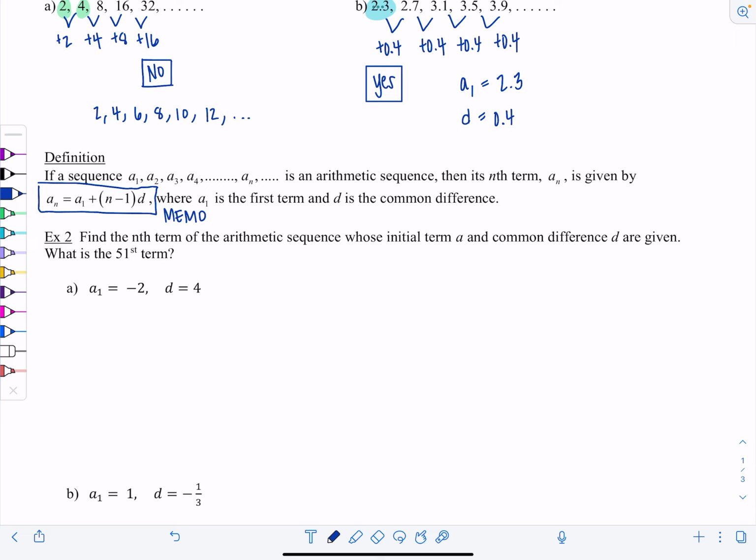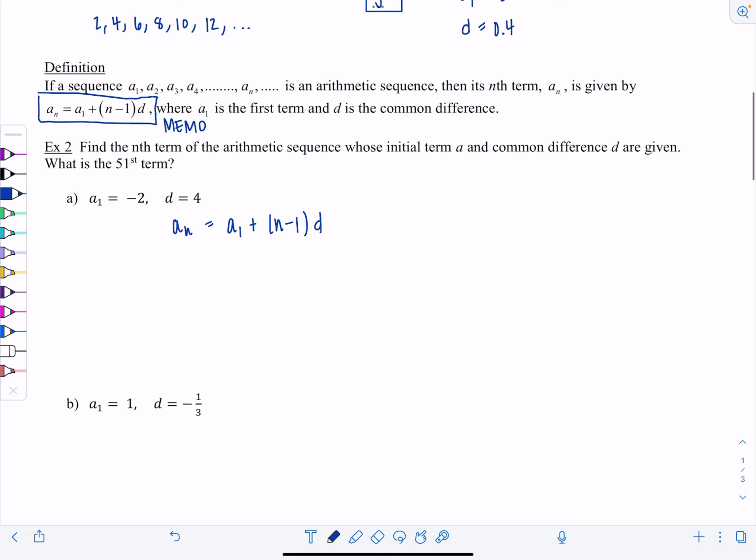So we're going to use the definition for the general term of an arithmetic sequence. AN is equal to A1 plus n minus 1 times D. They've told me A1 is equal to -2, and then I have plus n minus 1 times D, which is 4. Don't leave your answer like this.